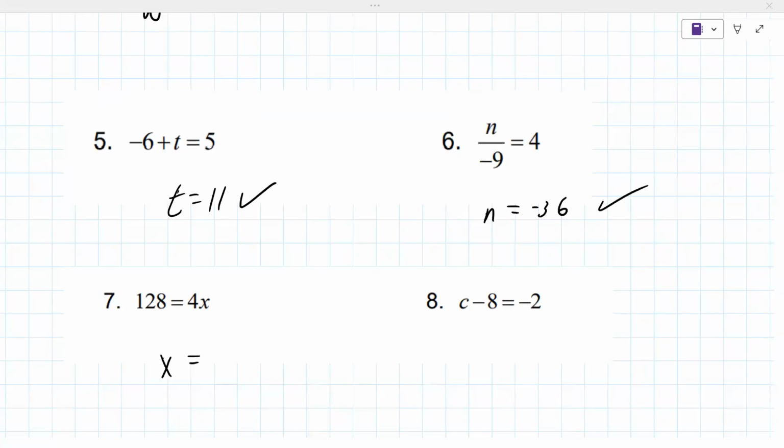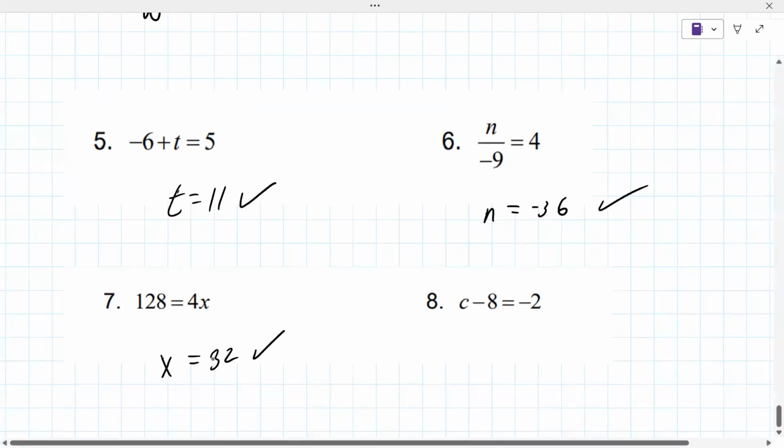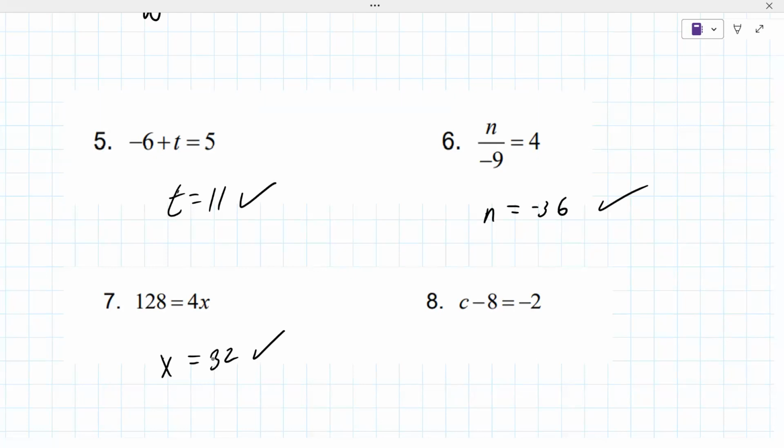X equals 32. Good. Keep going. Two, 8, and negative 2 plus 8 is 6. C equals 6.